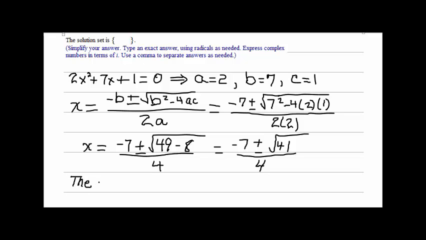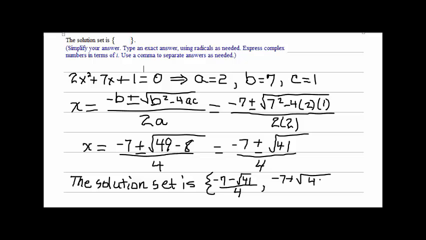So I'm able to give this solution set, which is the set containing negative 7 minus the square root of 41 over 4, or negative 7 plus the square root of 41 all over 4.